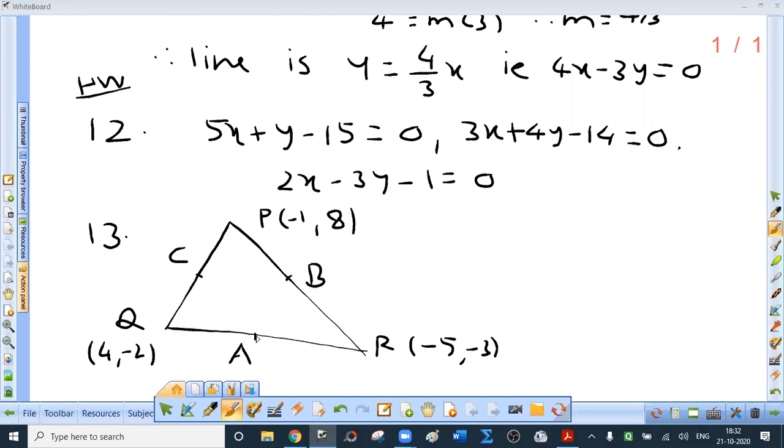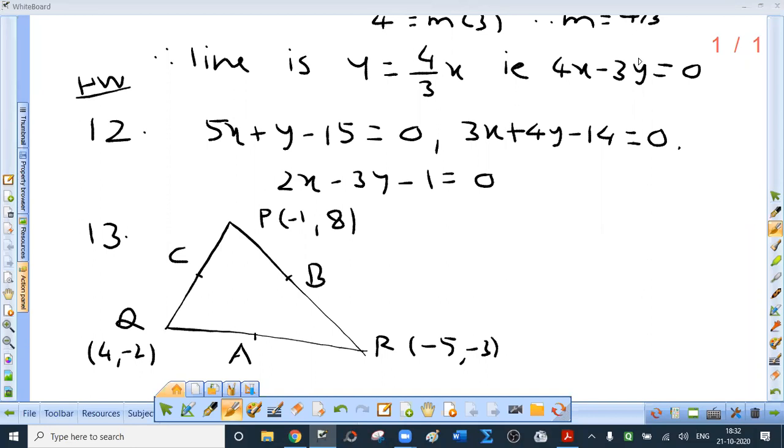Now coordinates of A are obtained, so you can get the equation. Can you tell me what is the point of intersection of three perpendicular bisectors? Because the same sum can also be asked as: if these are the vertices of a triangle, find the coordinates of... yes, tell me, what is the point of intersection of three perpendicular bisectors of a triangle? Yes, very good.